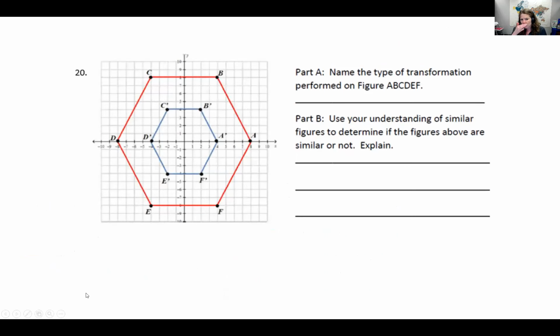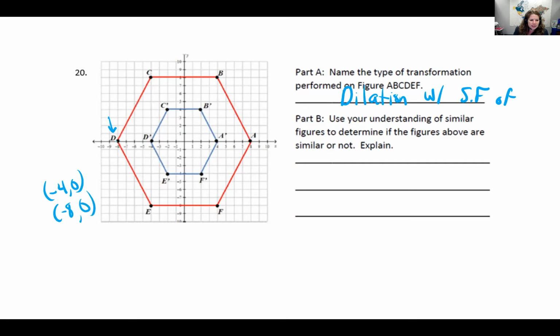All right, number 20, name the type of transformation performed. So this was our original because there's no little apostrophe marks or prime marks. So the only way to make a figure bigger or smaller is dilation, with scale factor of, well, D went from -4, 0 to -8, 0.